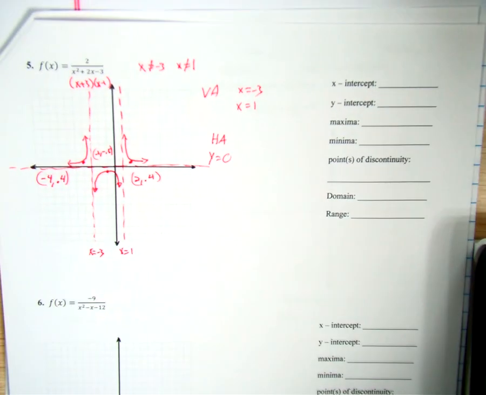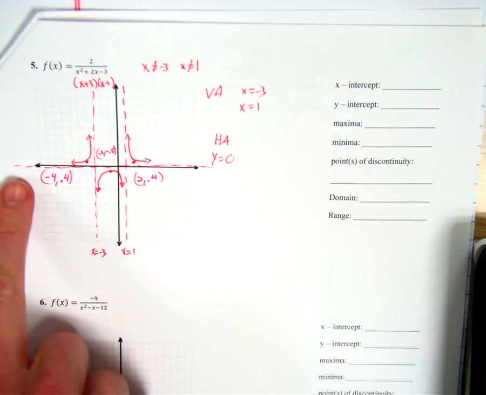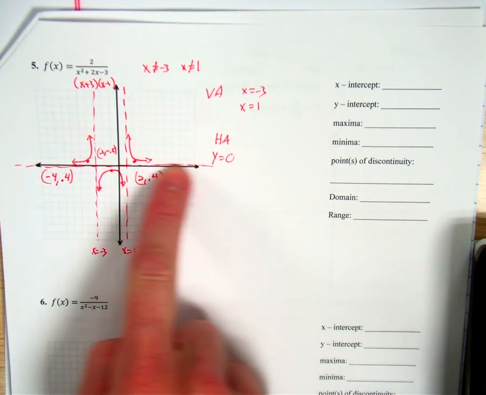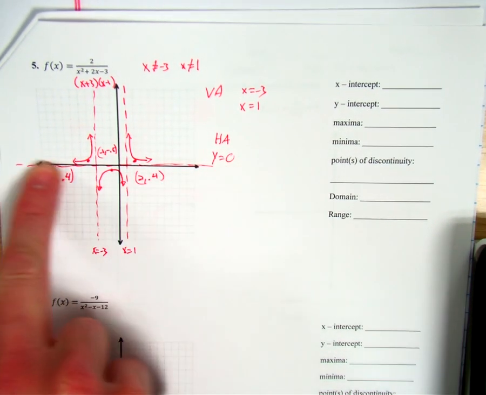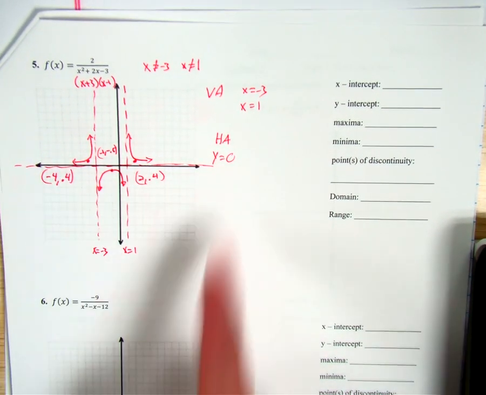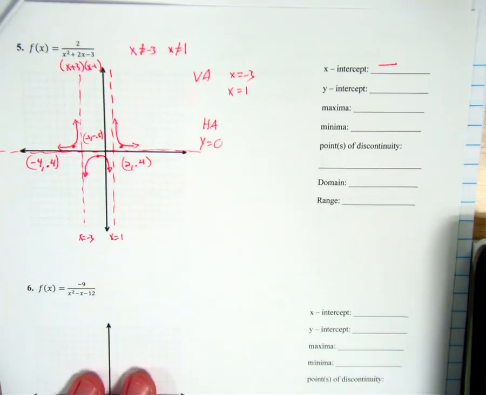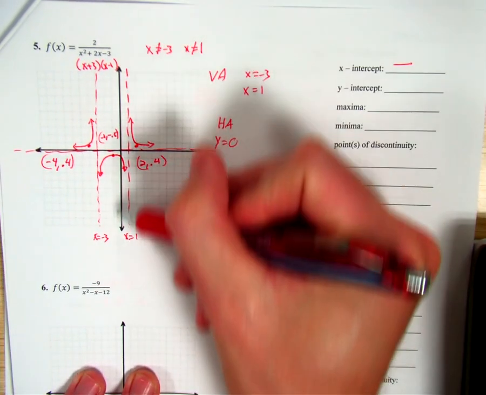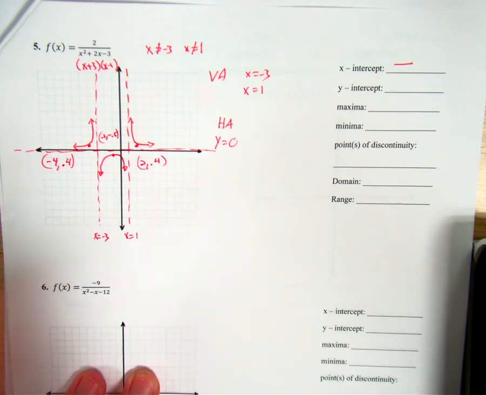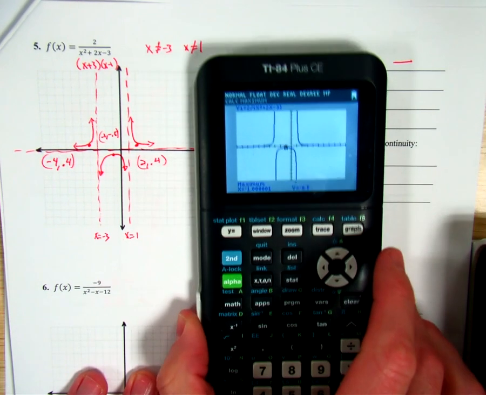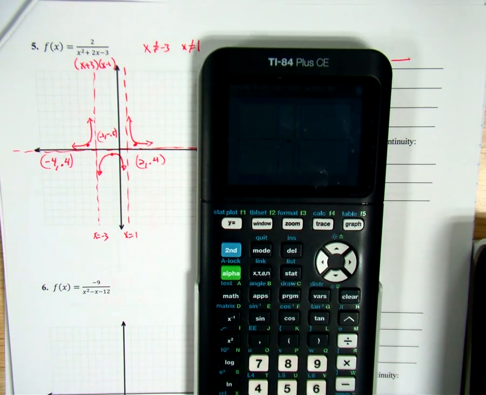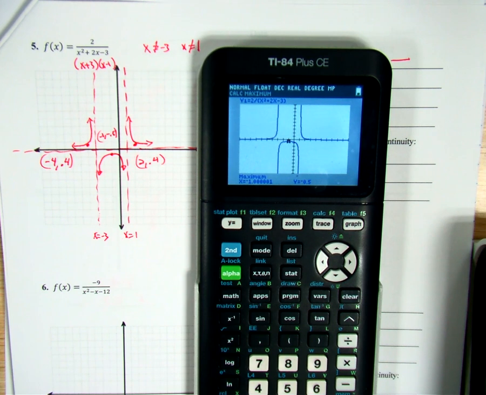Okay, x-intercept, we have a horizontal asymptote at y equals 0, so we won't cross the x-axis there, so none. Y-intercept, we do cross it right over here. I don't have that dot yet, so let's use our calculator. Y-intercept is always going to be 0, comma.